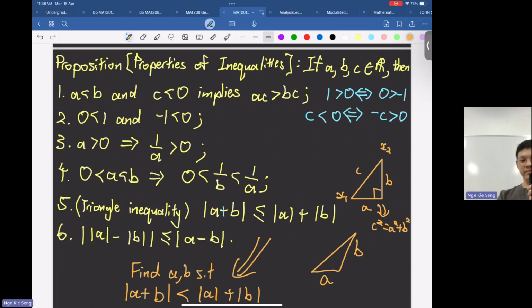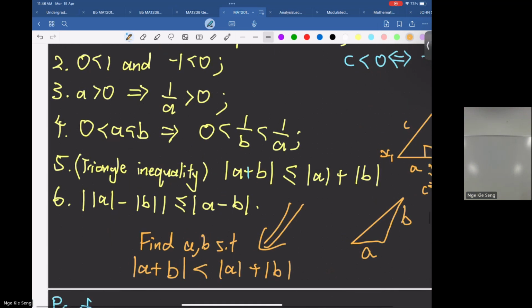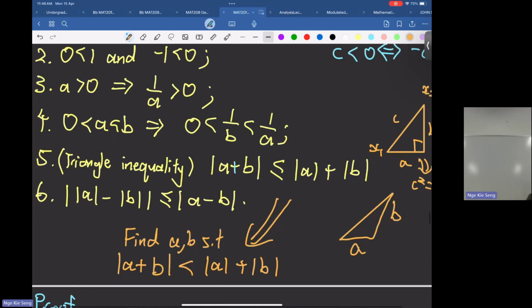Okay, I give you 2 minutes. Talk with your friend and find A, B such that this is true, strictly. Now talk to the friend beside you.